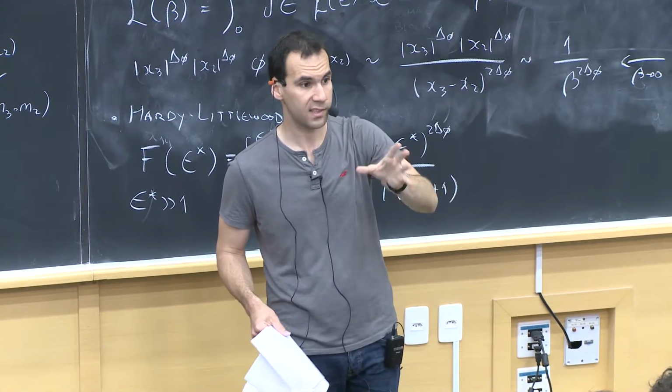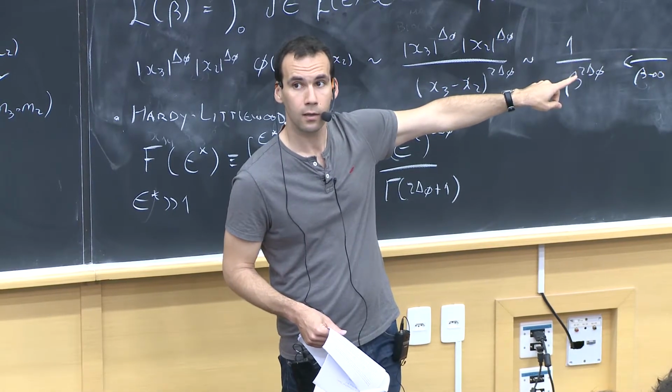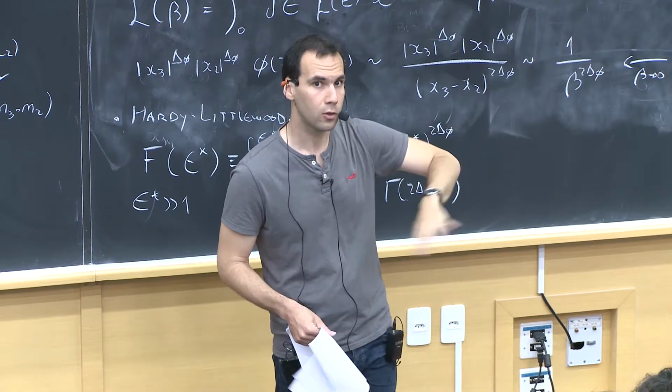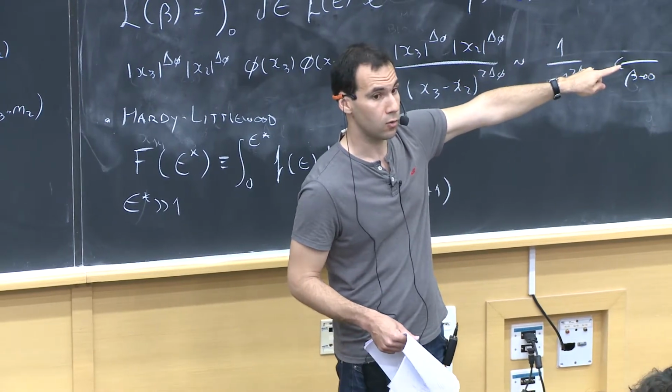So the tail in that sum is always bounded by this one. Is that clear? When you subtract the low energy blocks, you're also subtracting many of the states that are contributing here, so you get something smaller.